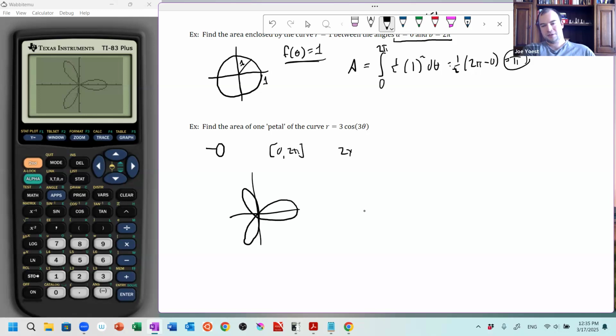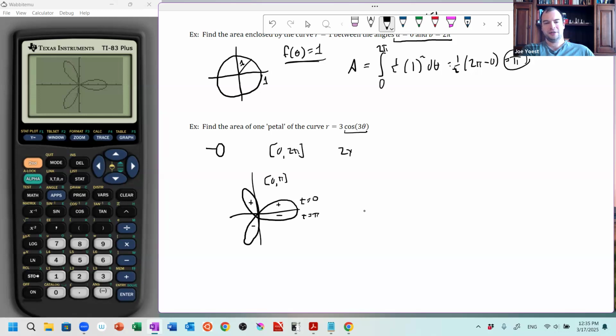So I get something like this from t equals 0 to t equals pi. And something I notice is that cosine is going to start out positive, and then, so this is where cosine is positive, and then it's going to turn negative, and then positive, and then actually negative again.